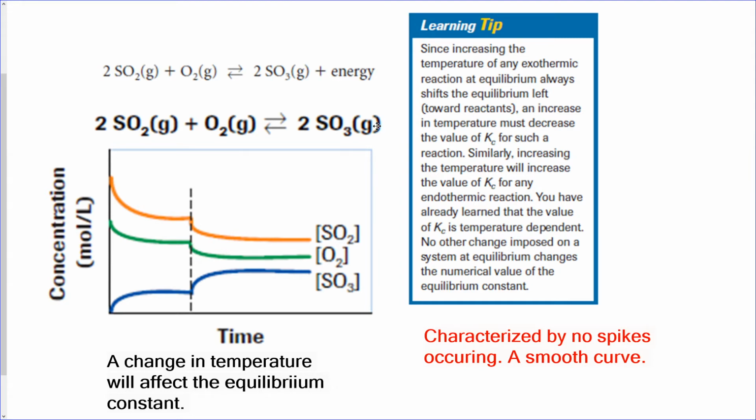That one's a little tricky to remember. But do remember that the Kc is energy dependent. And unlike other ones, you don't have the huge spikes. You have an equilibrium, and then at the dotted line where all this occurs, it begins another slow shift to a new equilibrium.